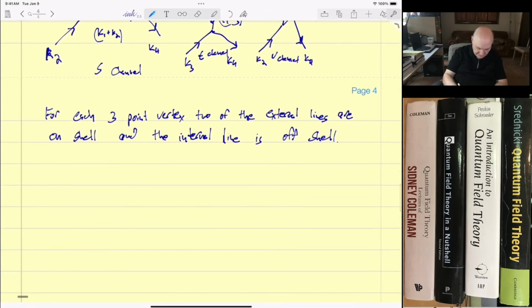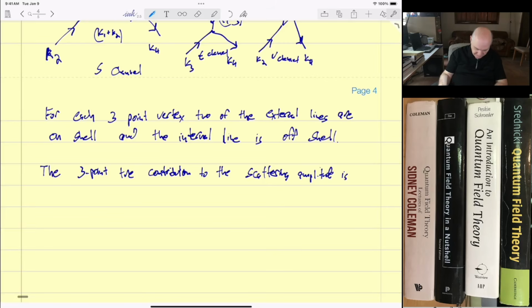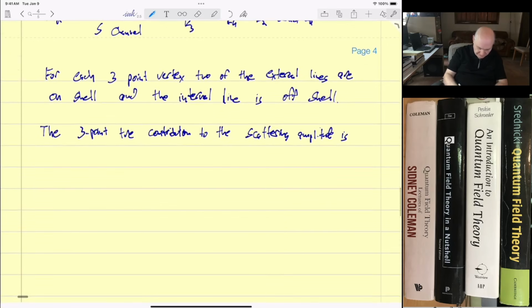So now we get the 3-point tree contribution to the scattering amplitude is, so using what we developed earlier, I have minus 2I lambda.